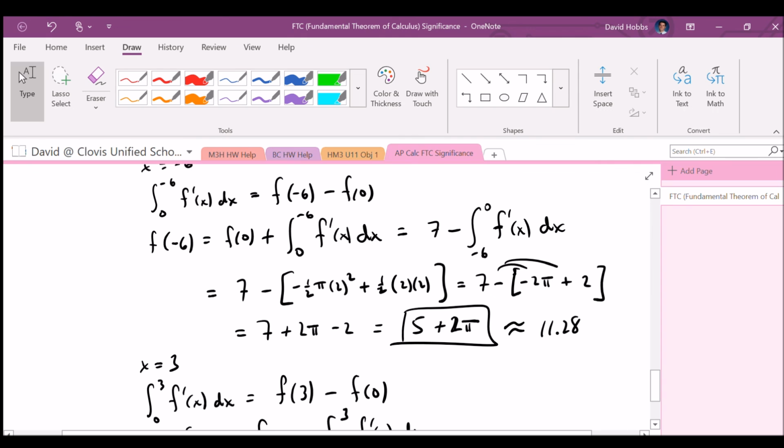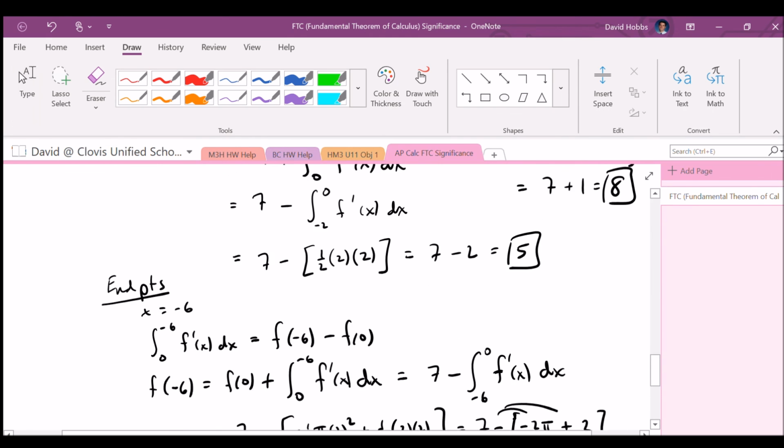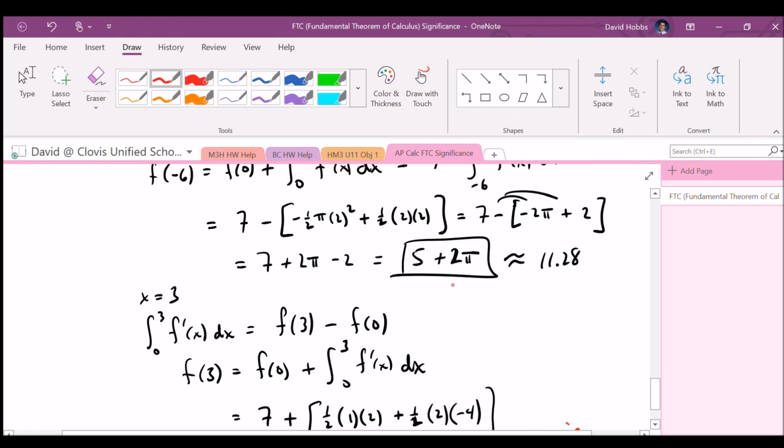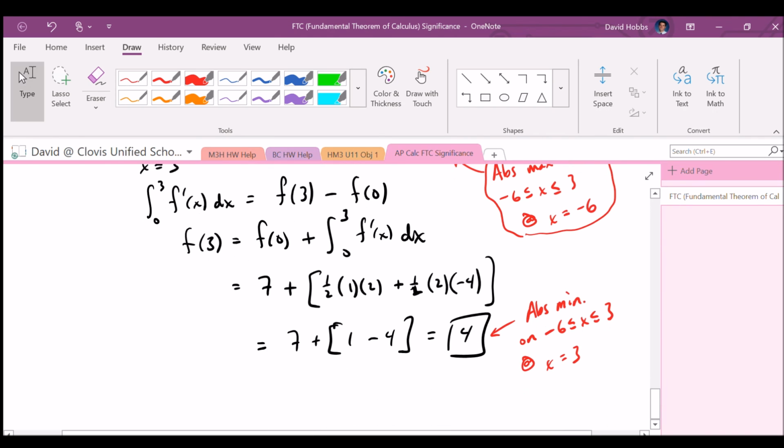And 5 plus 2 pi is the largest, the absolute max on negative 6 to 3, at x equals negative 6. Okay, so 5 plus 2 pi is the absolute maximum. It occurs at x equals negative 6. And positive 4 is the absolute minimum, and it occurs at x equals 3.